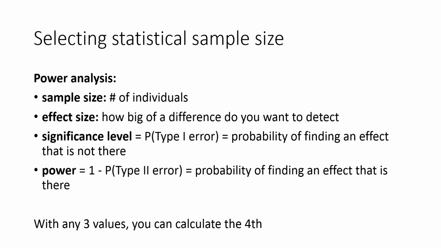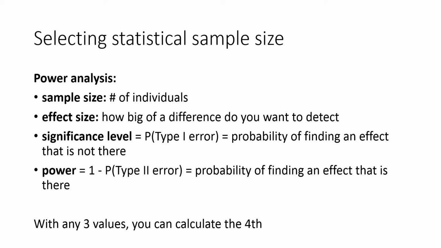But with any three of these values, you can calculate a fourth. So if you're trying to figure out what sample size you need to be able to reject your null hypothesis if there really is a difference, you would say, okay, what significance level do I want to be able to reject that?